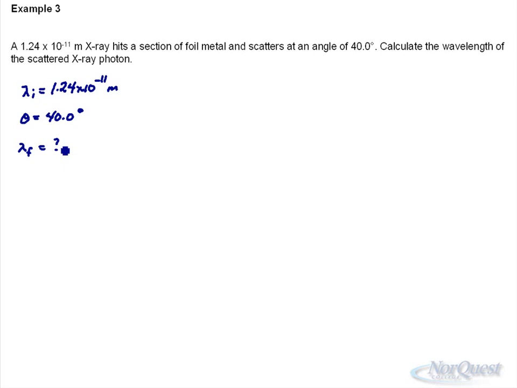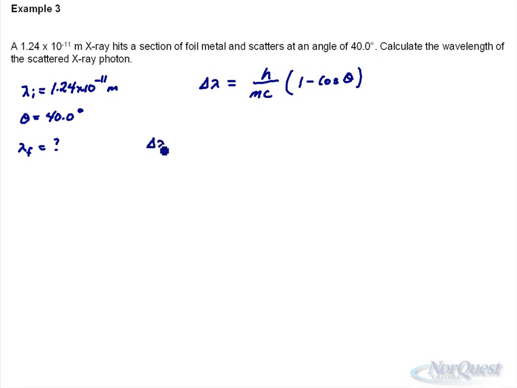So this formula, the change in wavelength formula, equals h over mc times 1 minus cos theta. H we know, m is the mass of the electron it's in contact with, c is the speed of light, and theta is the angle of the scattered X-ray, and we have that. So we have everything in here to find change in lambda.